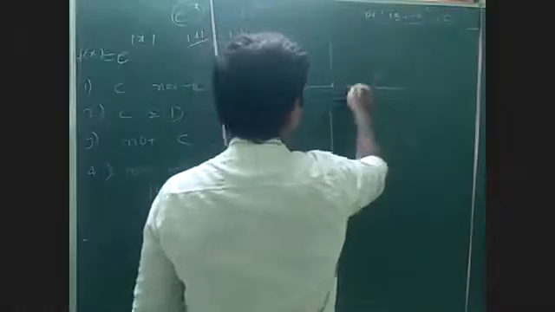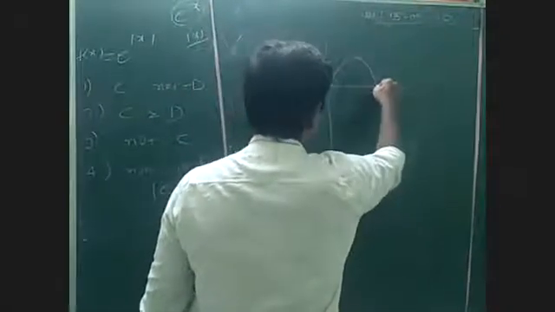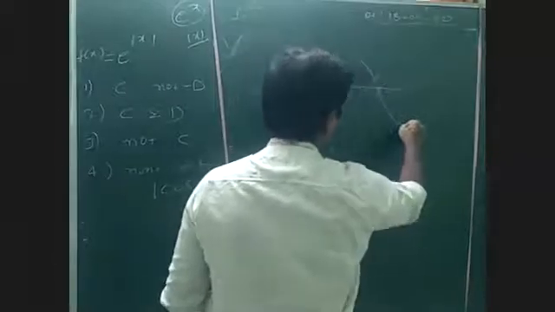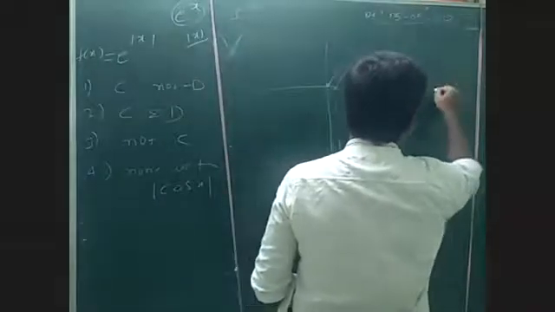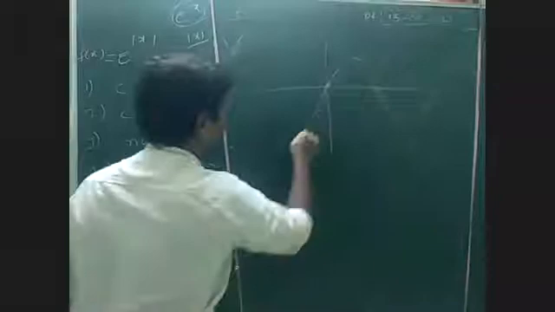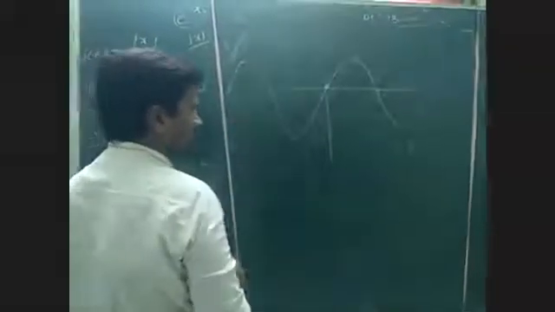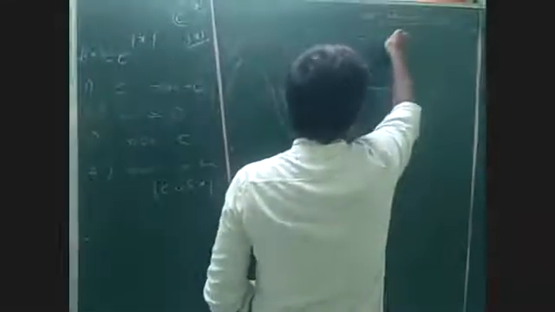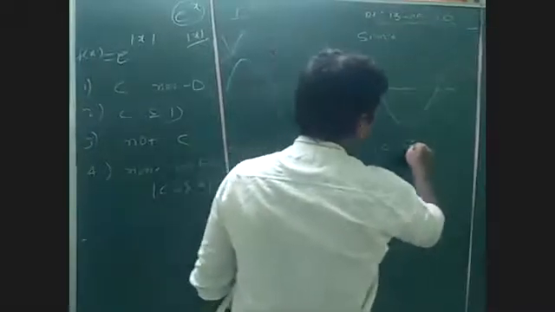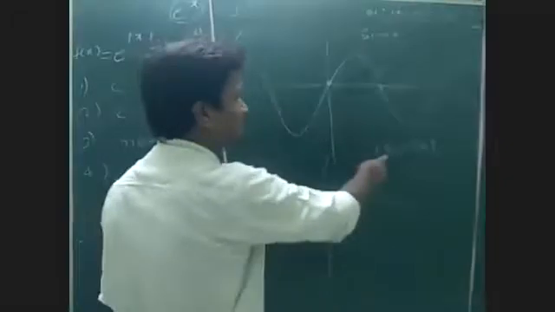if you observe the graph of sin x, what is the graph of sin x? Sin x graph is like sin 0 is 0, sin 90 is 1, sin 180 is 0, sin 270 is minus 1, 360 again 0. Like that we'll get. This is the graph of sin x. What is the graph of modulus sin x? Modulus means this minus becomes a plus.